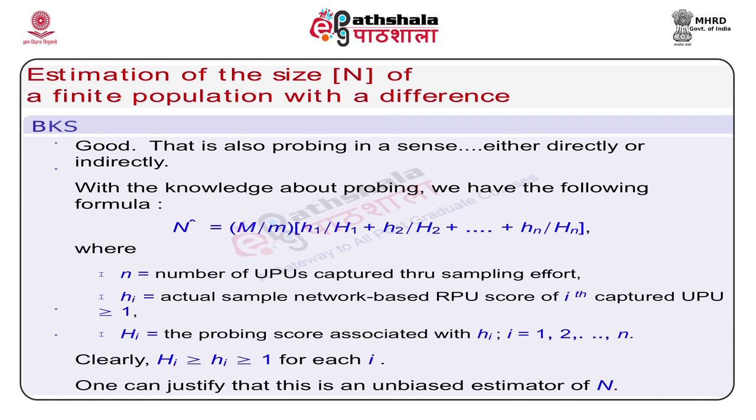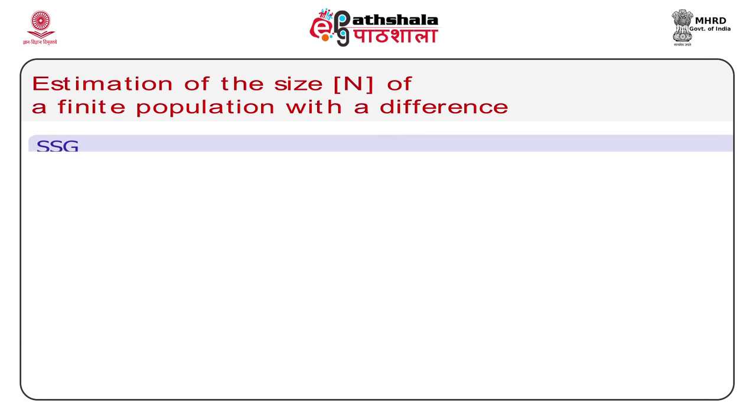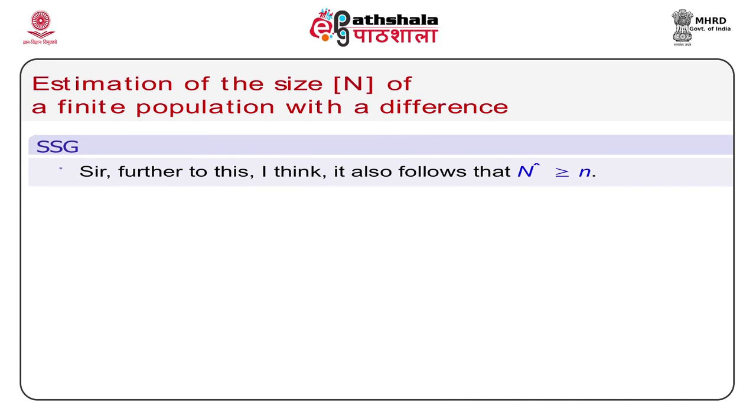So, this is my estimate. It is not difficult to justify that this is an unbiased estimator of capital N. Further to this, I think it also follows that capital N hat is always greater than or equal to small n.